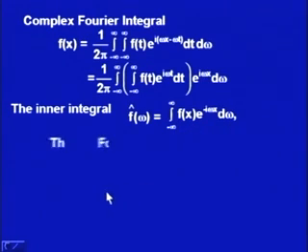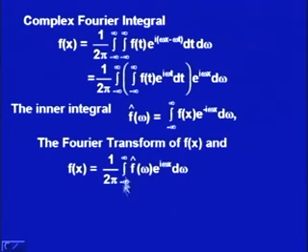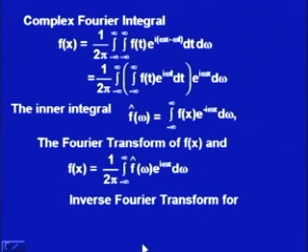This is called the Fourier transform of the function f, and now write this f x as 1 upon 2 pi integral minus infinity to plus infinity. This inner integral is nothing but the Fourier transform of f. So, f hat omega e to the power i omega x d omega, this gives me the function back at x. This is called the inverse Fourier transform for the function f hat omega.